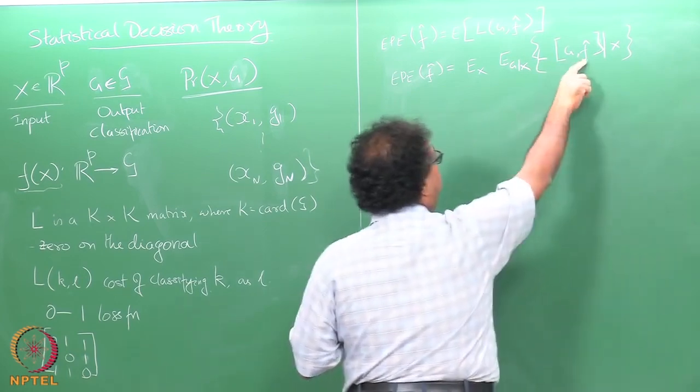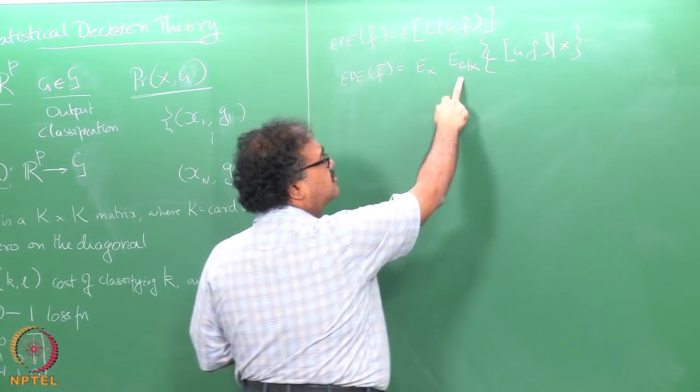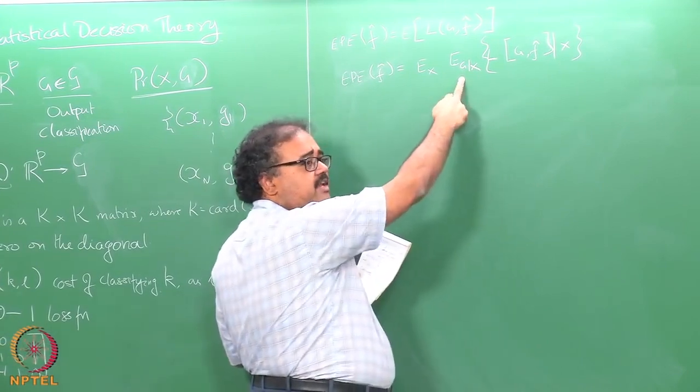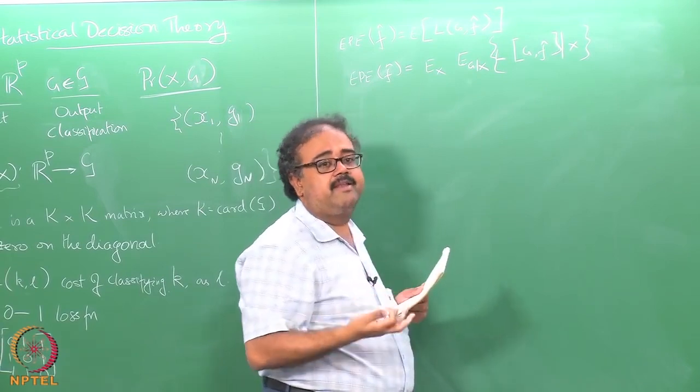So, the loss of g comma f hat given that the input is x. But if you think about it, this is not a continuous distribution, this is actually a discrete distribution because g can take only finitely many values.